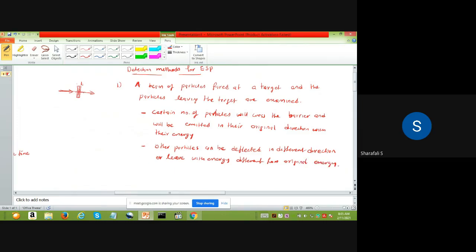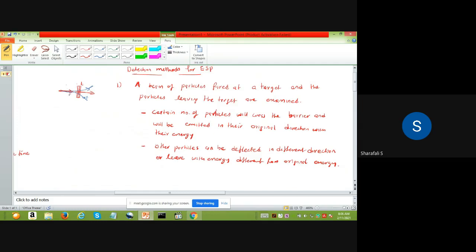Some particles may come in and be deflected in a different direction from the target. They can be scattered. They will have some energy which is less than the original energy.